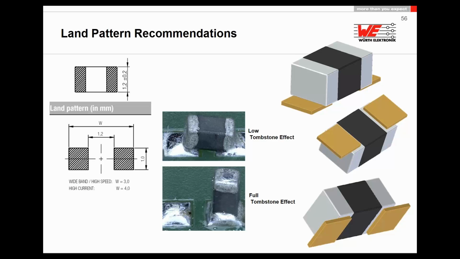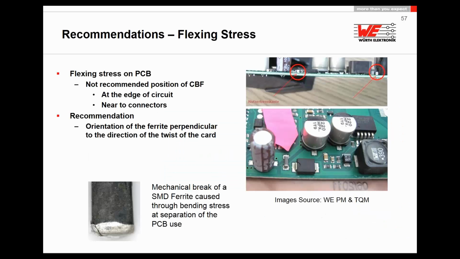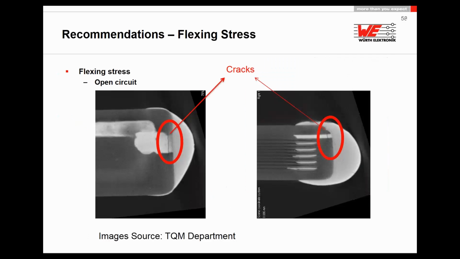What I would additionally recommend is to take care of the land pattern of the soldering pads, because if you make the soldering pads too big, you will get some kind of tombstone effect. The next point is that you should not place the ferrite beads close to the edge, because the flexing stress of the PCB at the edge could sometimes cause cracks.